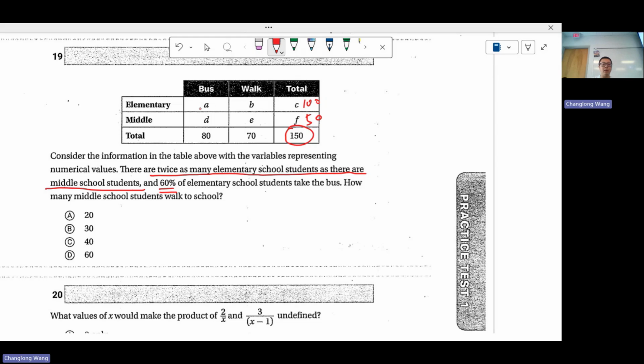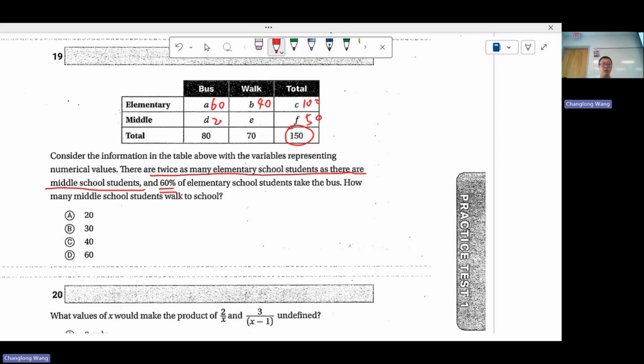So A stands for the number of elementary students taking the bus, right? So that's got to be 60, right? 60 out of 100, 60%. So that leaves you how many students who walk? Well, you probably don't even need that, but let's just put it there, right? 40 students. So now, they say that in total there are 80 students taking the bus. 60 of them are elementary school students.